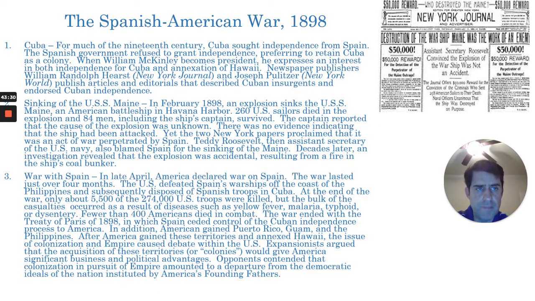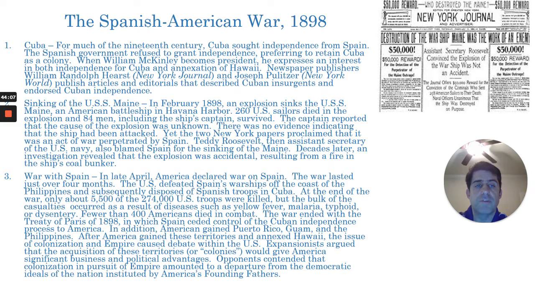And you see on the left-hand and right-hand side the announcement of a $50,000 reward for the detection of the perpetrator of the Maine outrage. $50,000 is still a significant amount of money today, but if you go back to 1898, $50,000 in 1898, when adjusted for inflation, is equivalent to just under $1.6 million today.